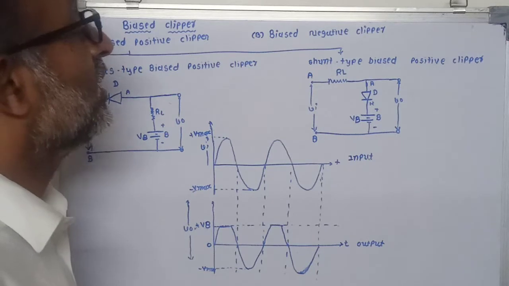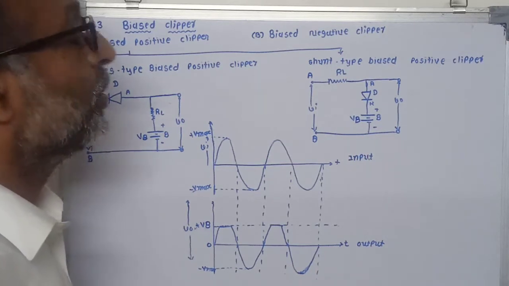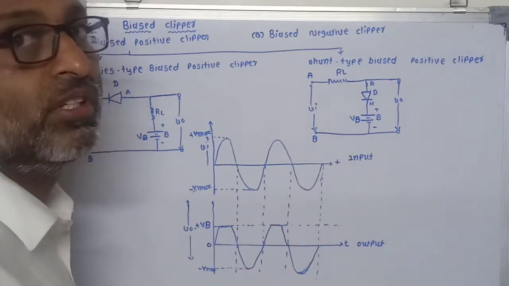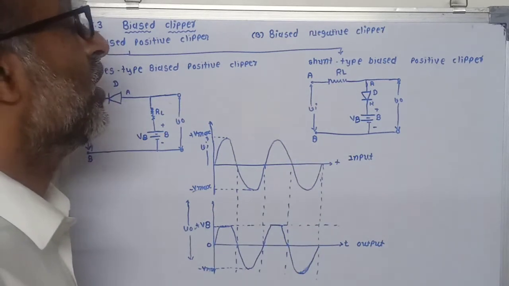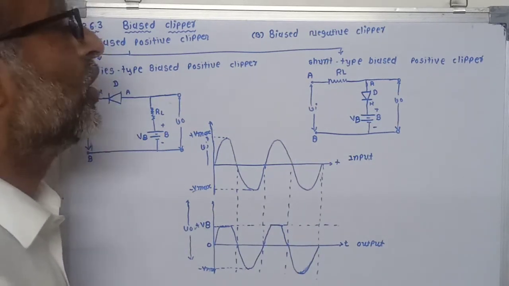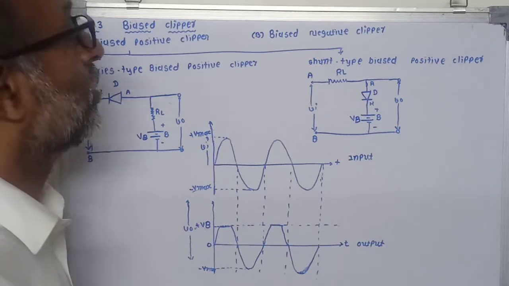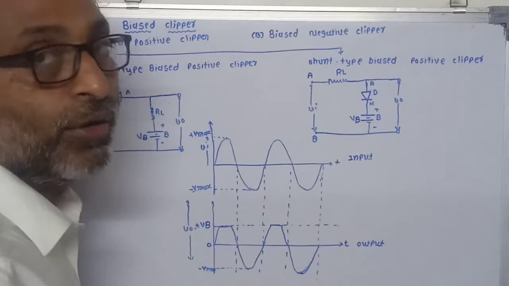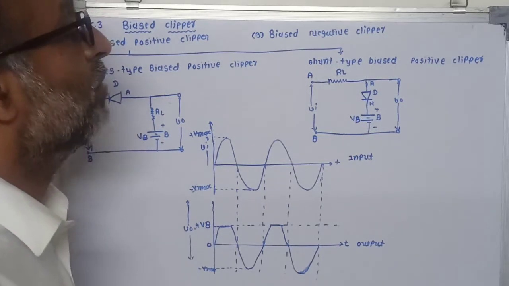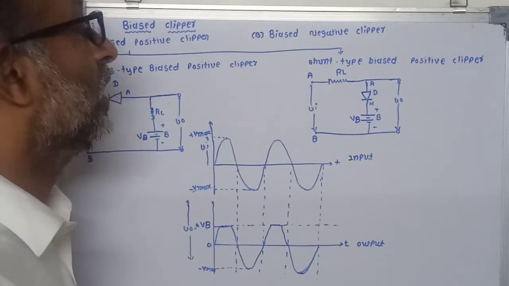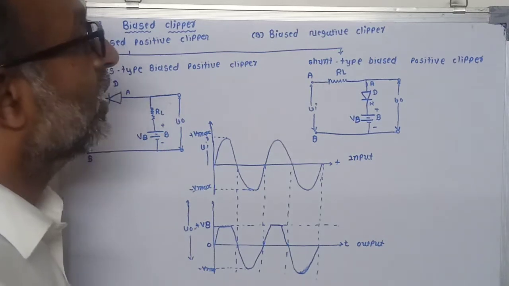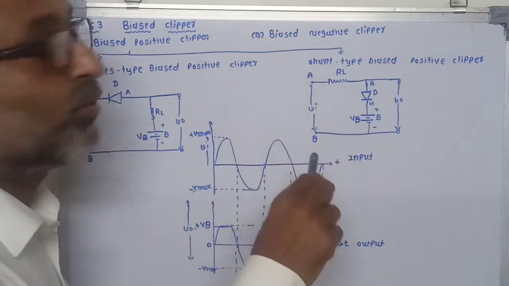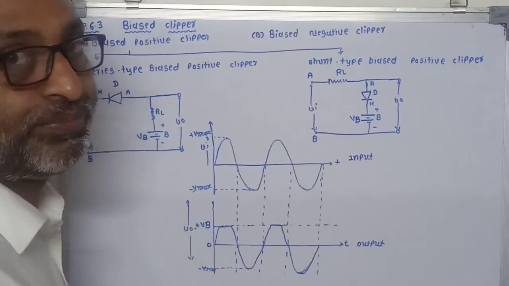Due to this higher input voltage, the diode becomes forward biased and it will turn on, which acts as a closed switch, and current starts to flow through this diode, and zero voltage is available at the output. So here we are not getting any output on the output side.